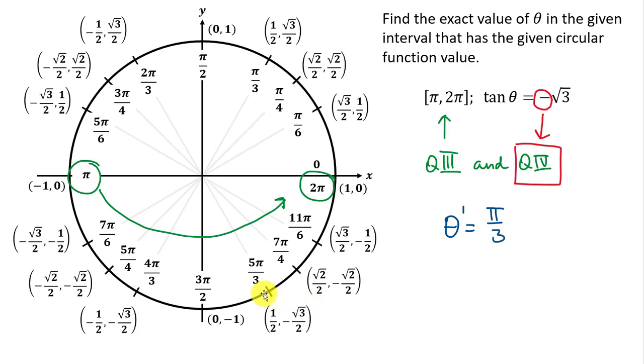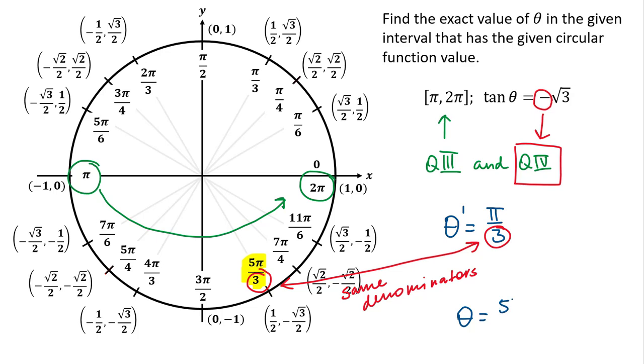So in quadrant 4, I have to find the angle with the denominator 3, and I can easily locate it. It's right here, 5 pi over 3. So the angle theta that we're looking for is 5 pi over 3.